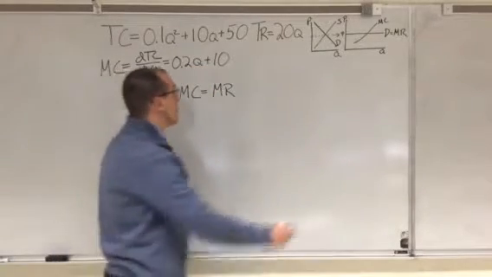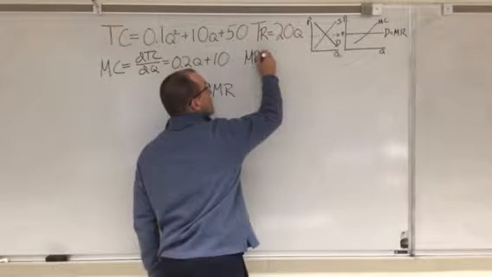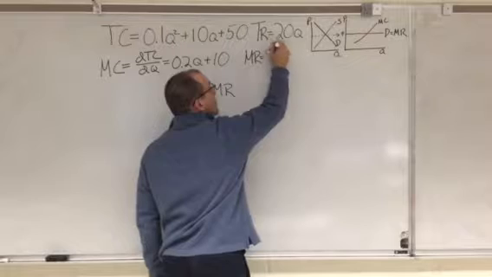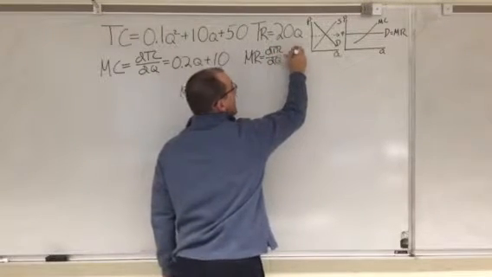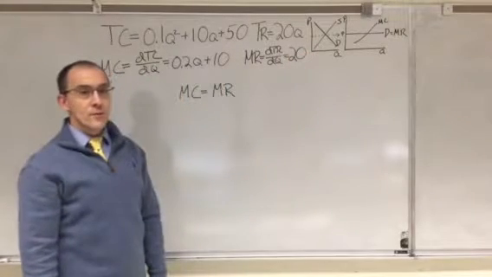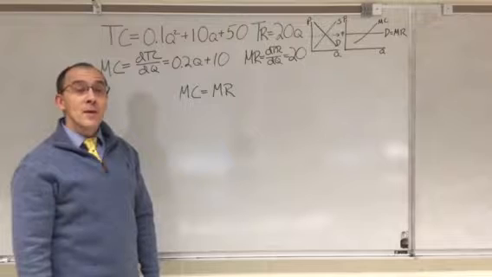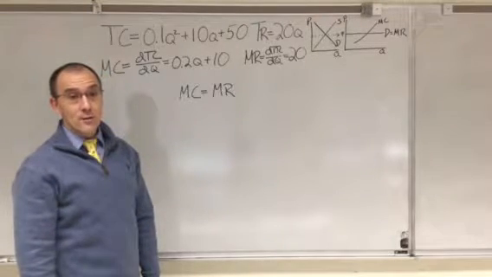My marginal revenue is the change in total revenue over the change in quantity, and in this case it is simply 20. My marginal revenue, the money I make from selling that next item, is a constant, it's $20.